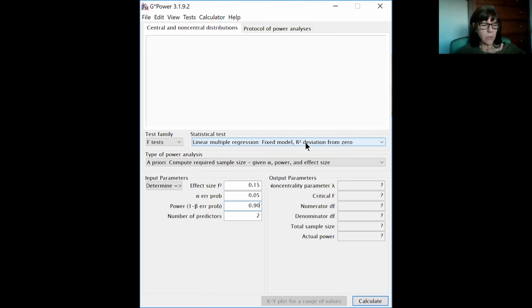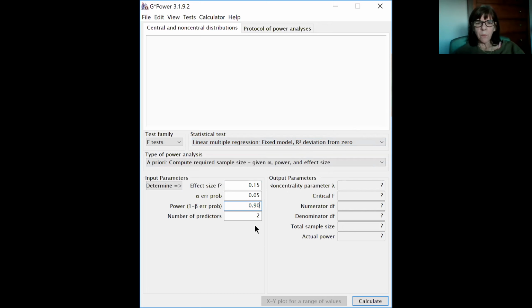Do you have a non-zero effect and what is its magnitude? R-squared is a different effect size measure than F-squared, and you can convert from one to another. And that's back to my cluelessness as to why most of the sample size calculators prefer to use F-squared.